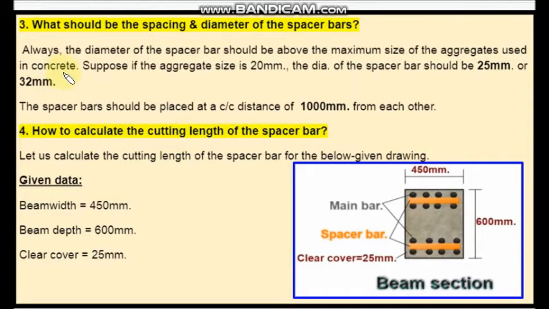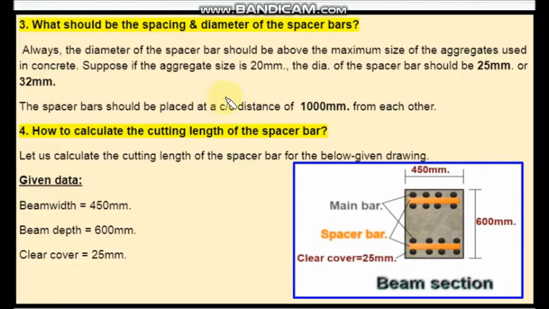Now the third question is, what should be the spacing and diameter of the spacer bars? Always the diameter of the spacer bar should be above the maximum size of the aggregates used in the concrete. Suppose if you use 20 mm aggregate, then you have to use higher diameter bars, that is, it should be 25 mm or 32 mm.